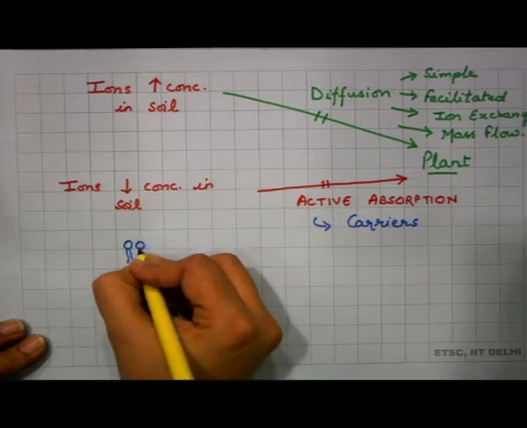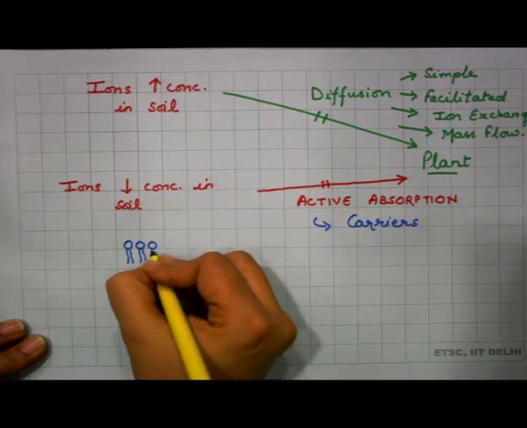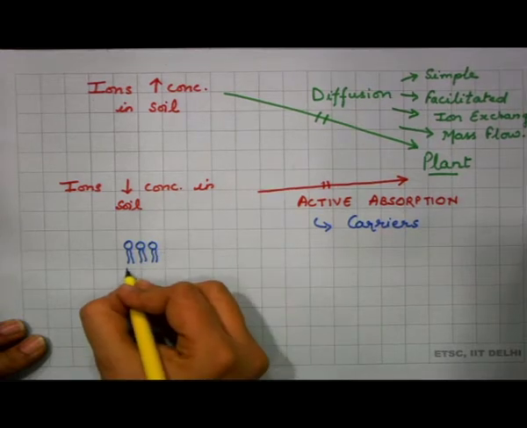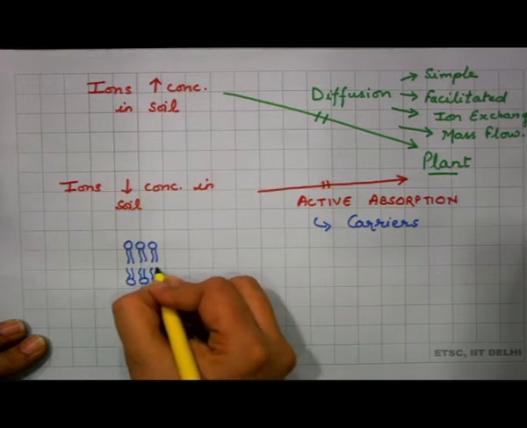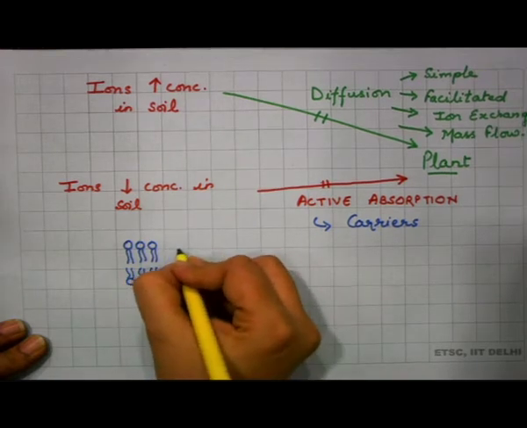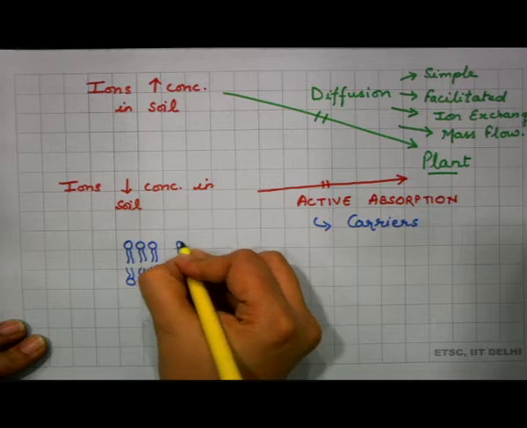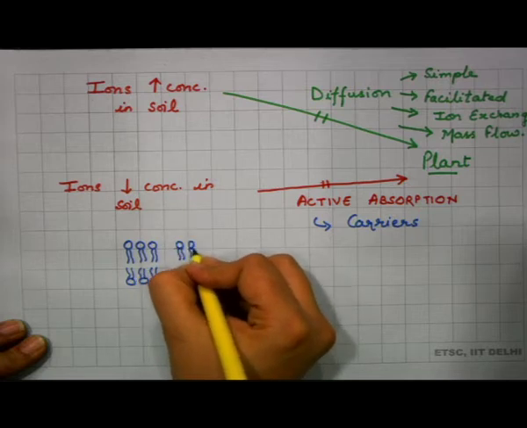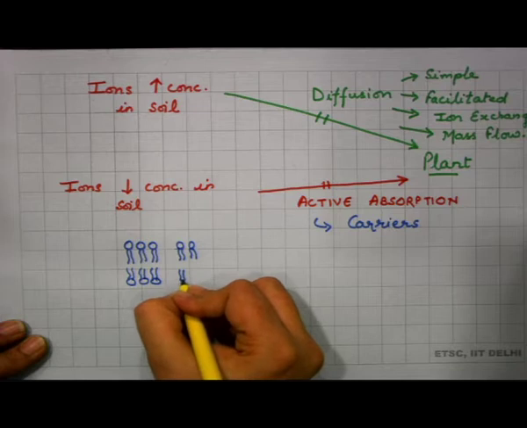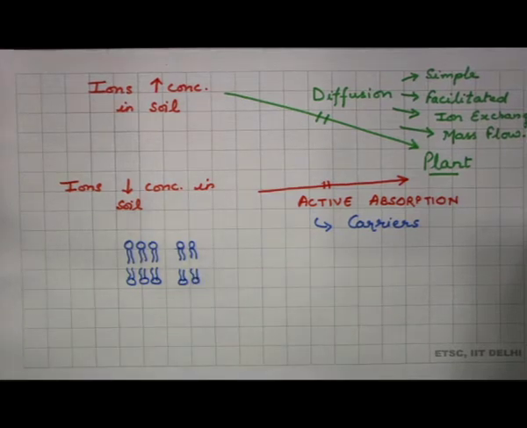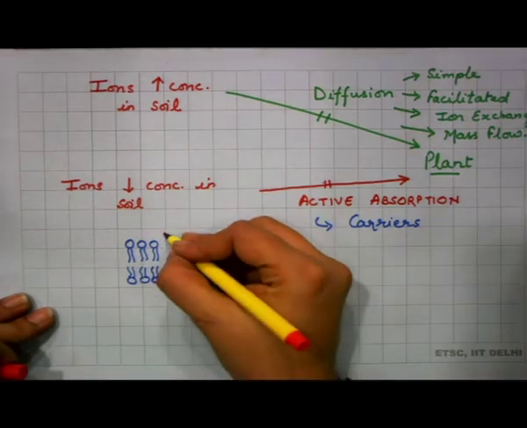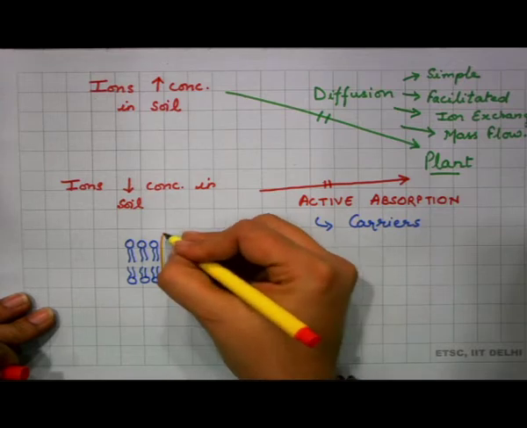Let me draw a lipid bilayer. This is how we draw a cartoon of a lipid bilayer, for the sake of simplicity. Generally the carrier proteins span the plasma membrane.